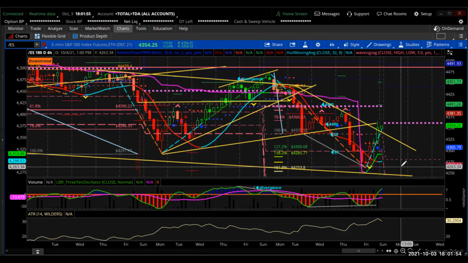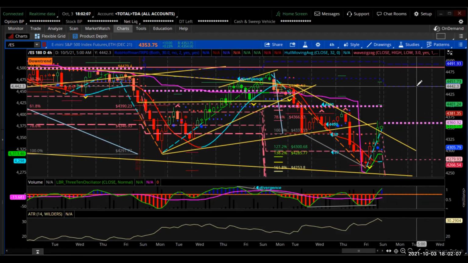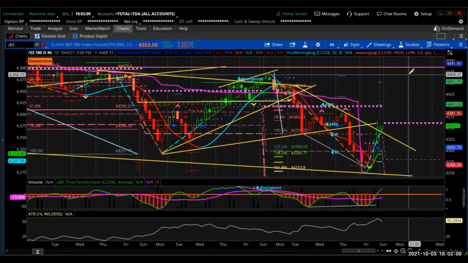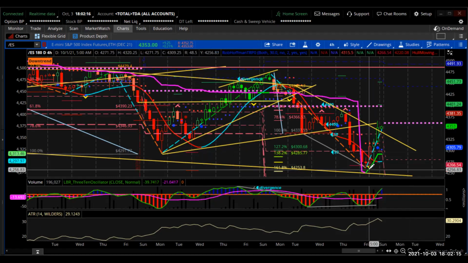So that's how I would do my trade if I'm going to do an IC. It would be above this level here, 4440. So I would take this recent pivot from a week before, 4461, and then this level here at the 1618 to 4250.